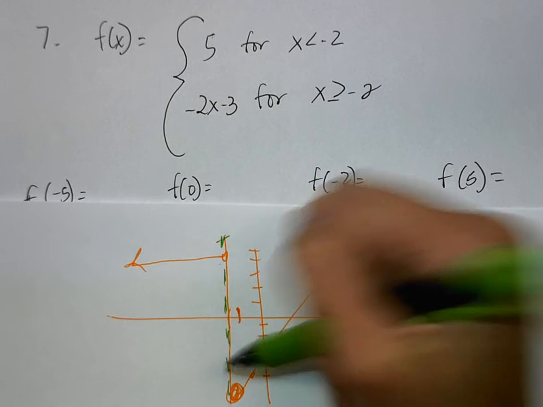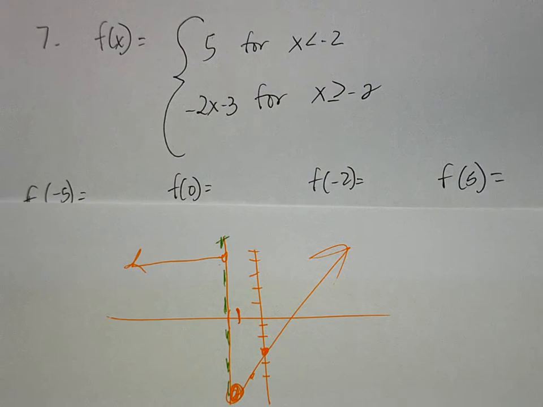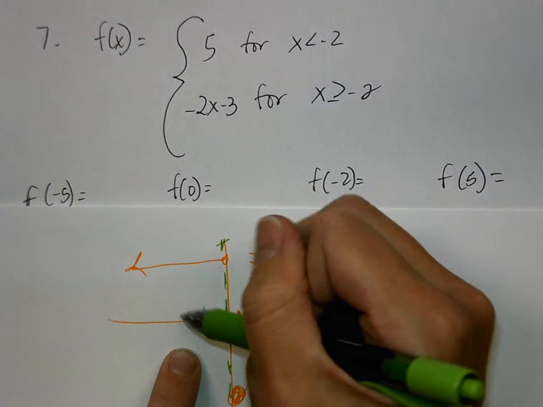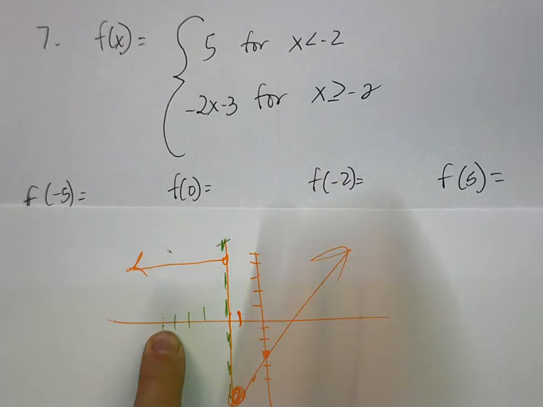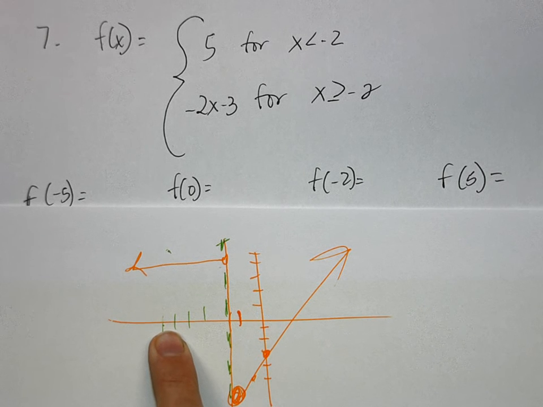It's just for our border. At the value of -2, it's going to the left. And at the value of greater than -2, you have that line going that direction. So they're asking you, when you get over here to -5, what's the answer? The answer is just 5. Is that better? Okay, you're welcome.